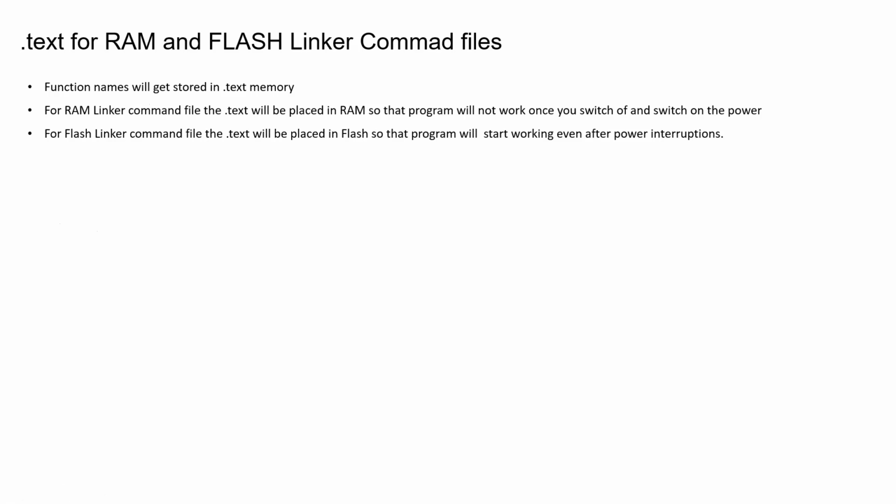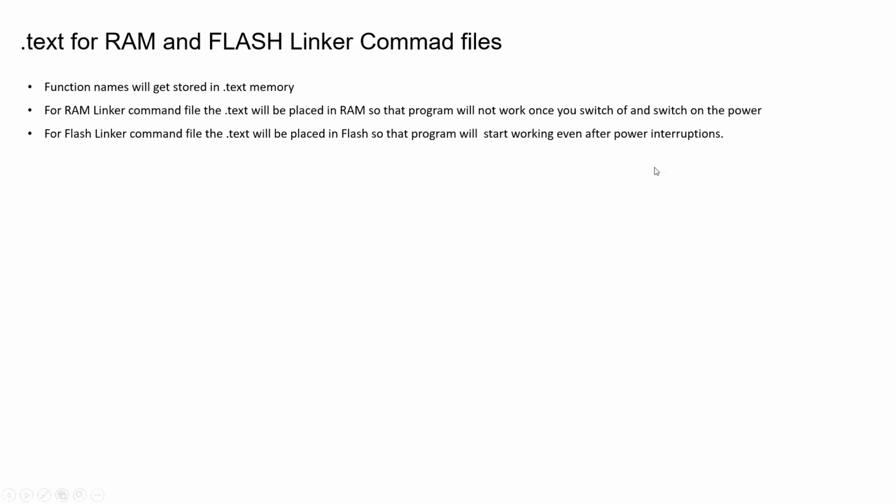Because the RAM is a volatile memory, when you place your .text into the RAM section, the program will not get started, right? None of the functions will be called, because it is lost because of the switch off and switch on. Again, if you want to make the programming work, you have to reflash your code.